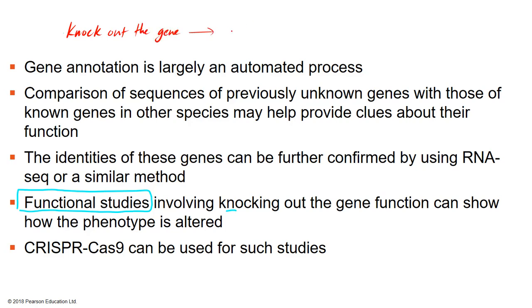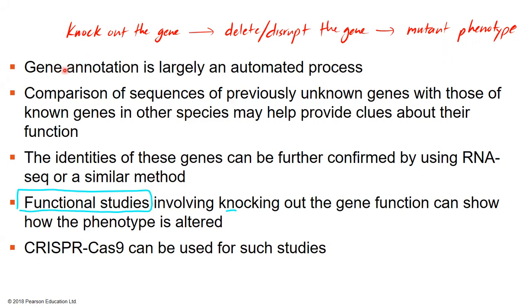Okay, knock out the gene means you completely delete or disrupt the gene, so that the gene is no longer functional, and this might lead to a mutant phenotype that might give you an idea about the function of the protein or what type of processes this protein might be involved in inside the cell.